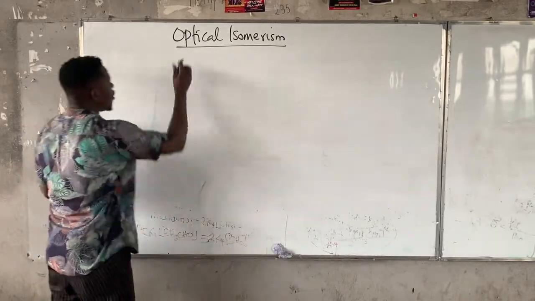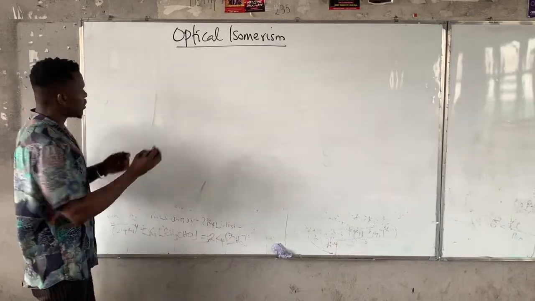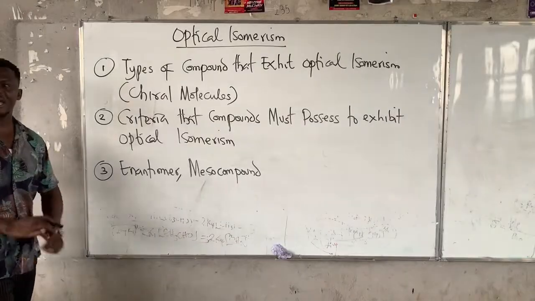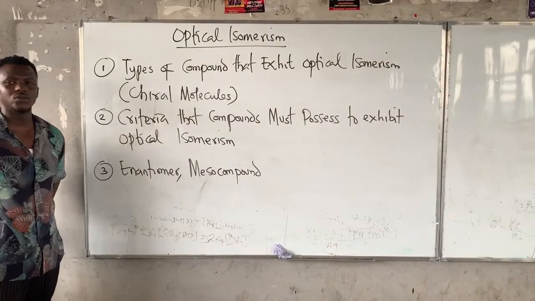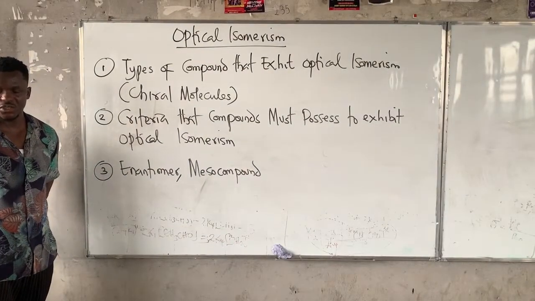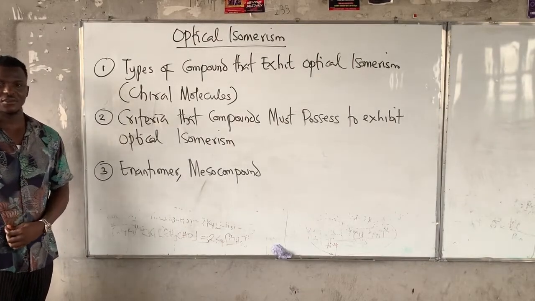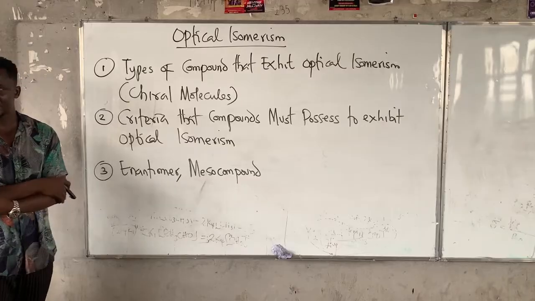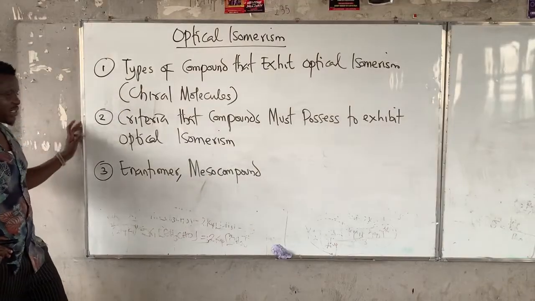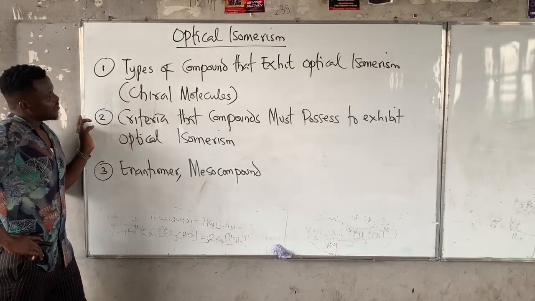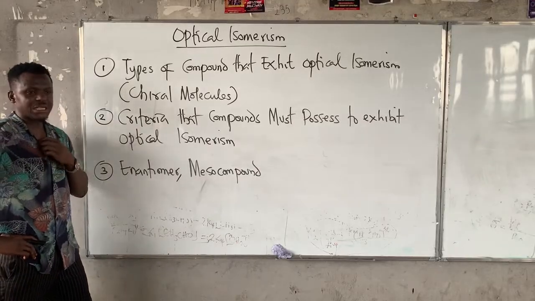Now, under optical isomerism, what are the things you need to look out for? I just outlined what we need to understand, so that if you're studying, you don't have to go through the stress of flipping your textbook left, right, center. The first one is the types of compound that exhibit optical isomerism.